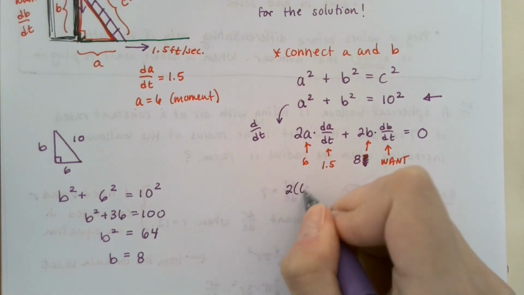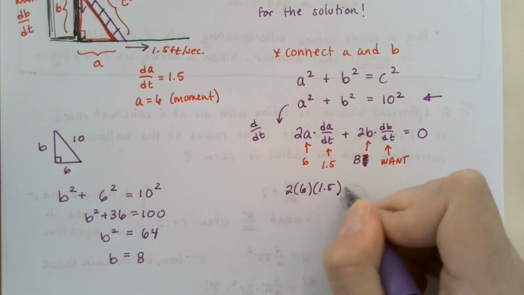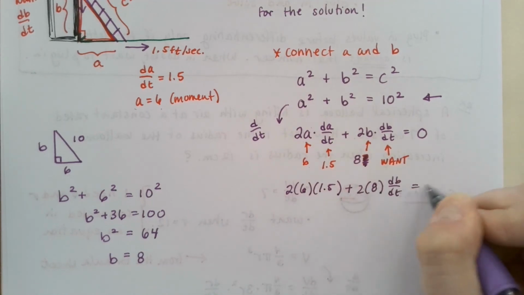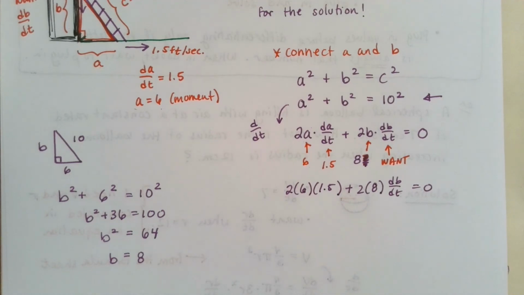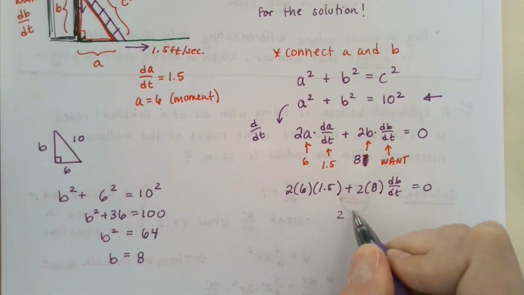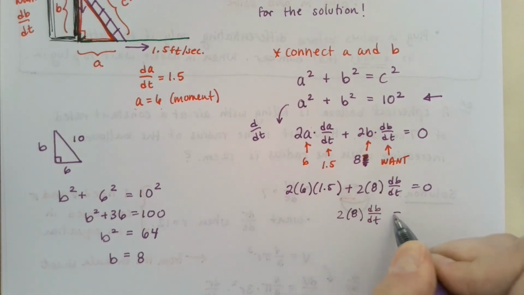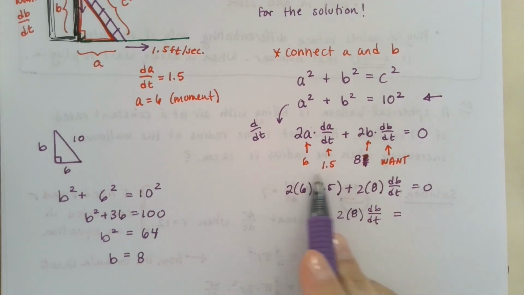So 2 times 6 times 1.5 plus 2 times 8 dB dt, that's what we're solving for. So you can simplify these numbers and then solve, or solve and then simplify. I usually just save the calculator step for the end, so I'm going to just kind of leave this as it is. So 2 times 8 dB dt. What I'm doing is subtracting this term onto the right-hand side.